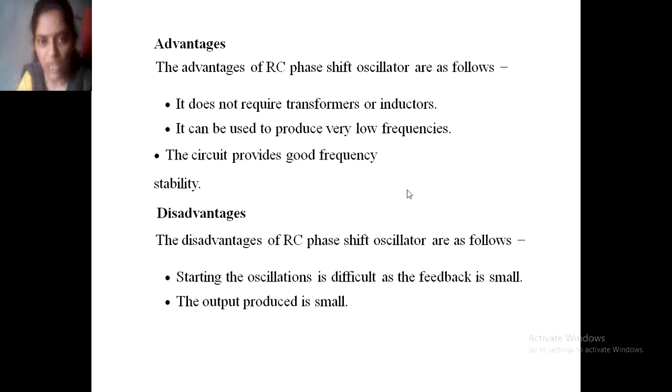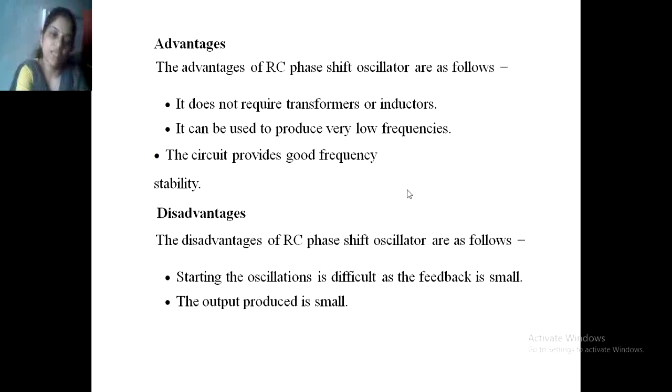So these are the advantages of the RC phase shift oscillator.